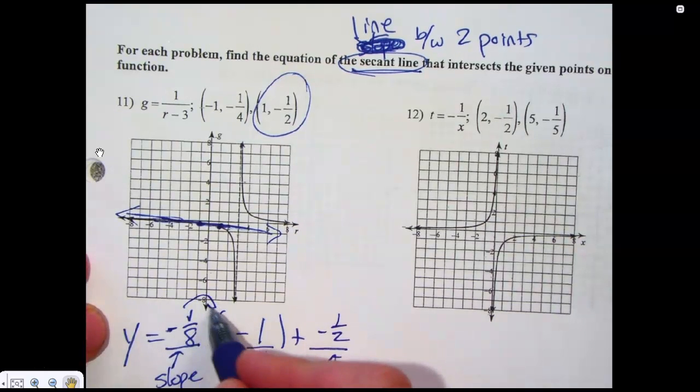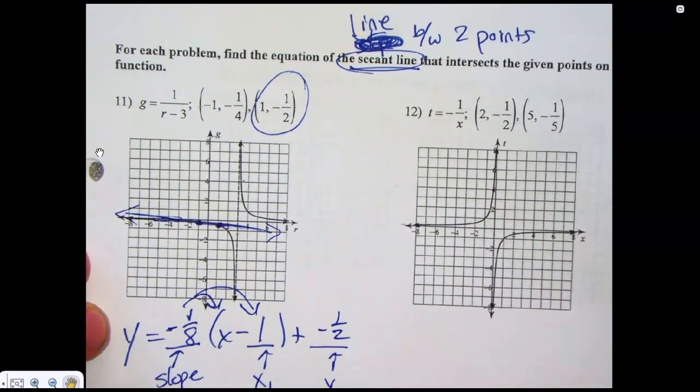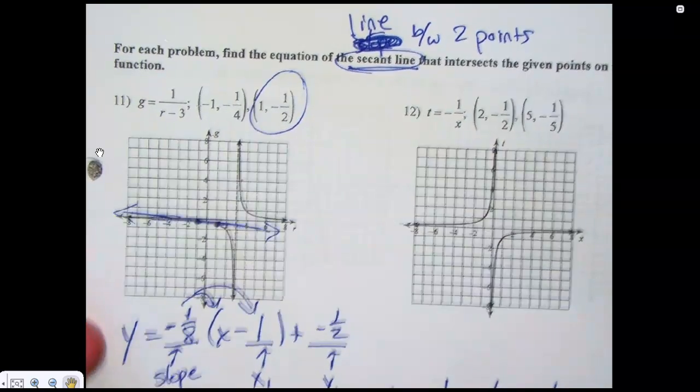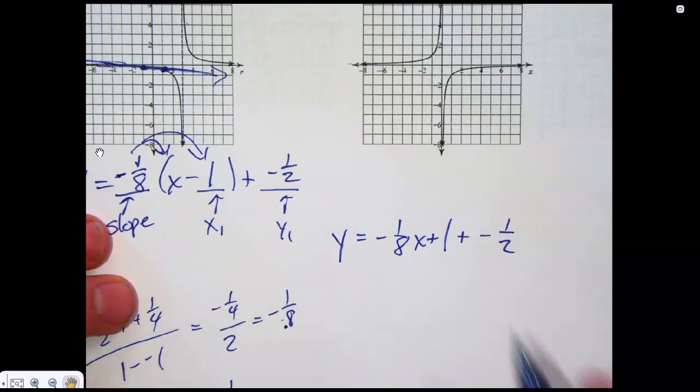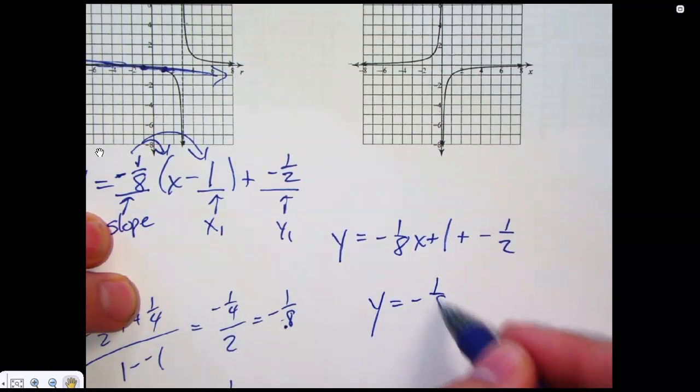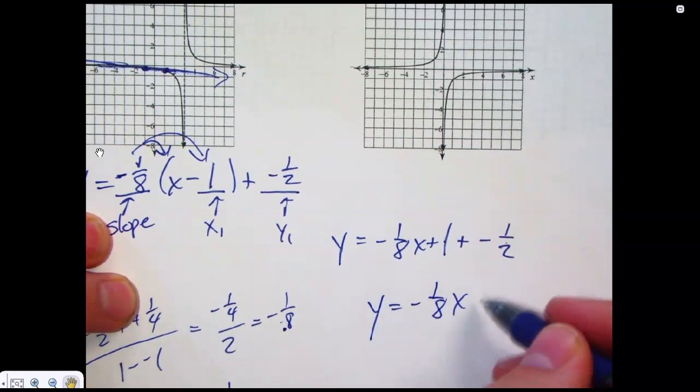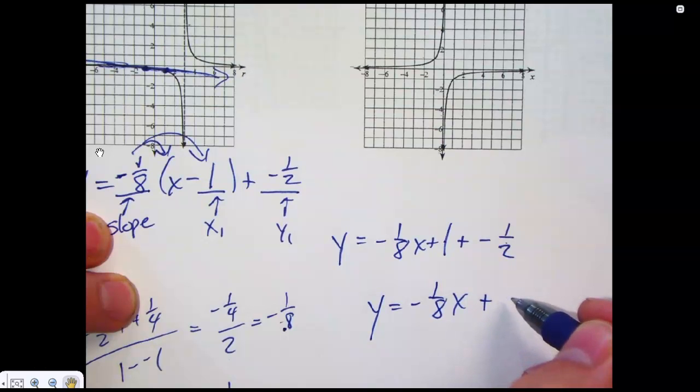So distribute. y equals -1/8 x plus 1, and then you've got that plus -1/2. So that would be -1/8 x, and then 1 plus -1/2 is 1/2. I feel like that's wrong.